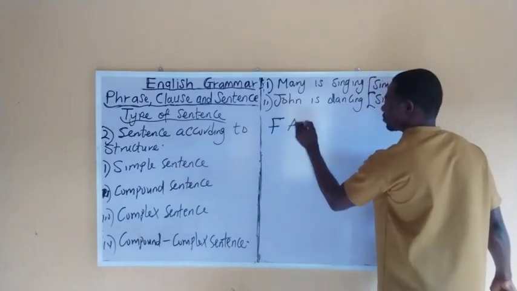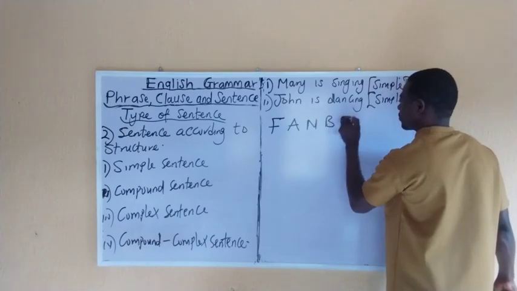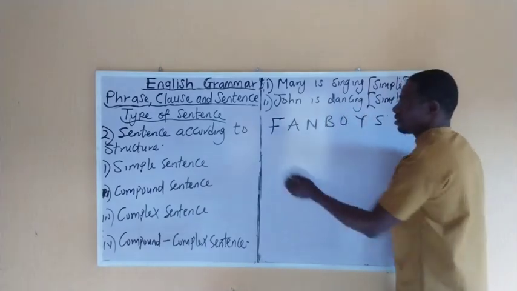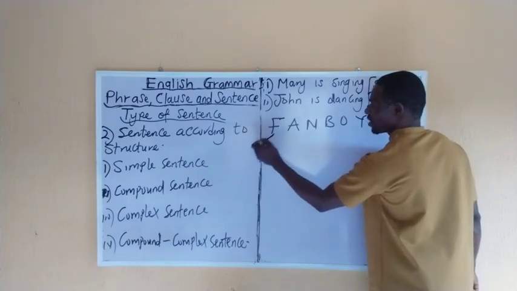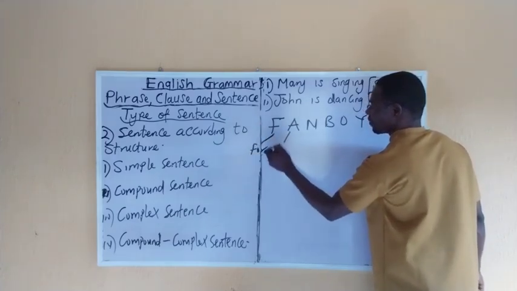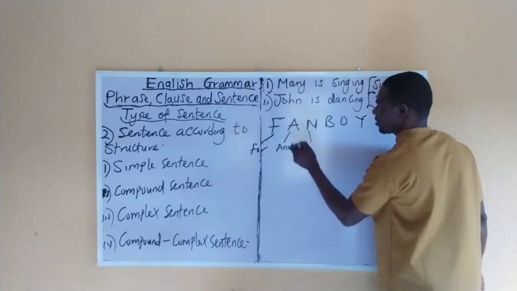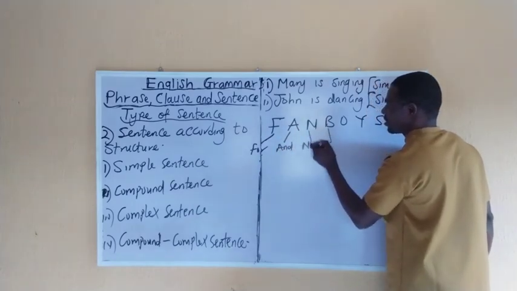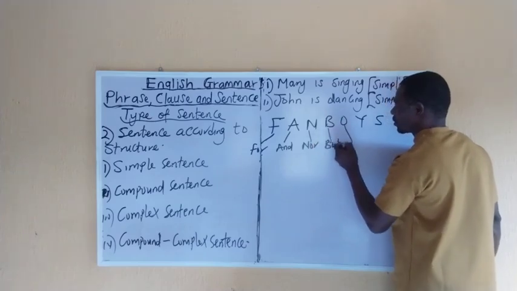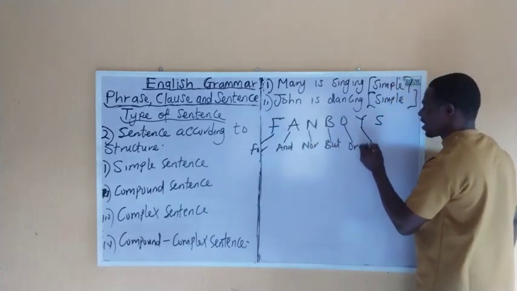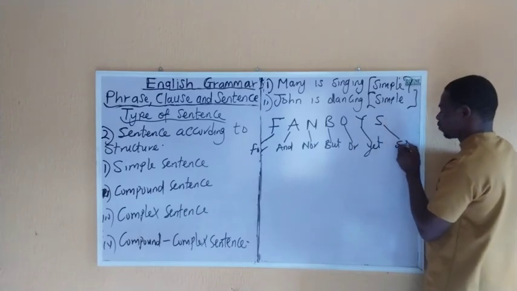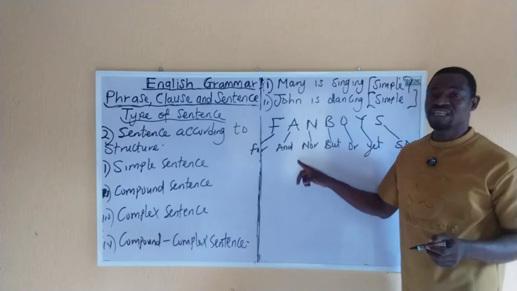Here F stands for for, A stands for and, N stands for nor, B stands for but, O stands for or, Y stands for yet, then S stands for so. Okay, these are coordinators in English.